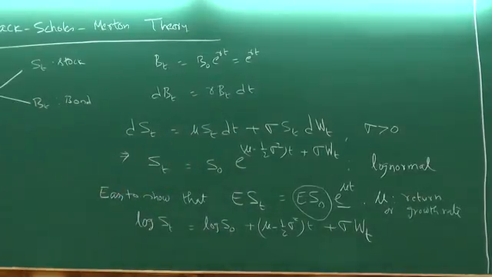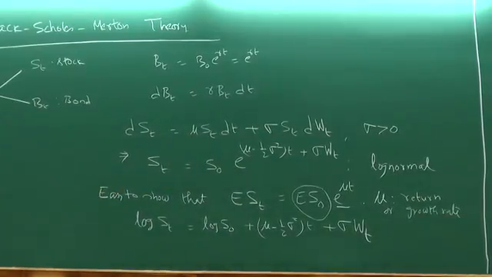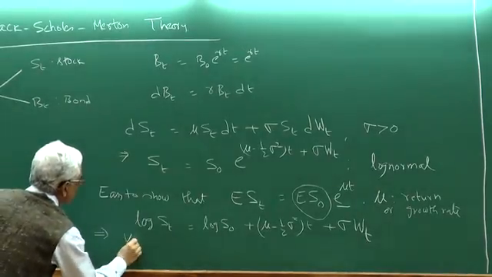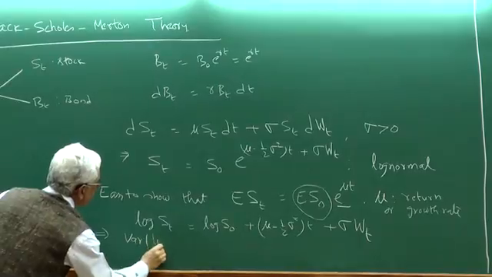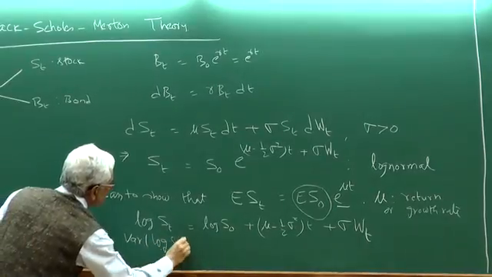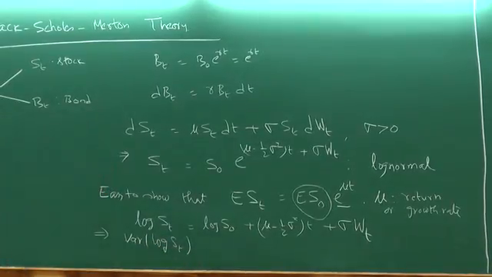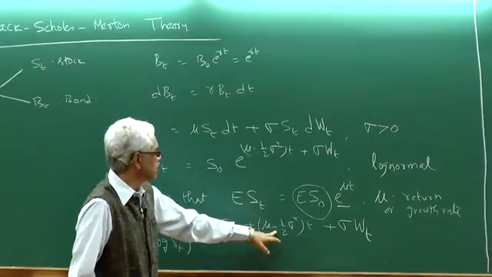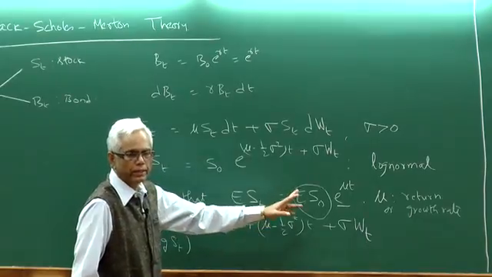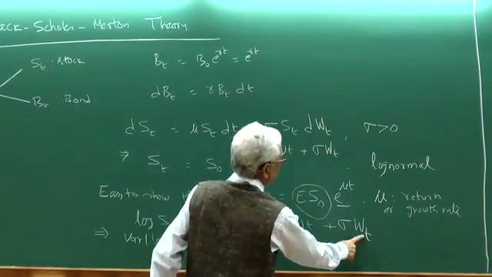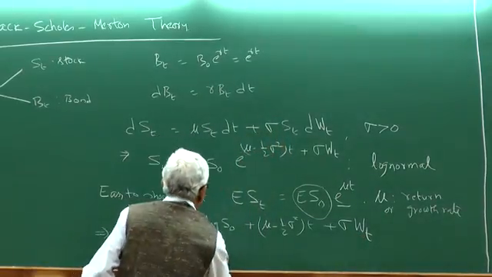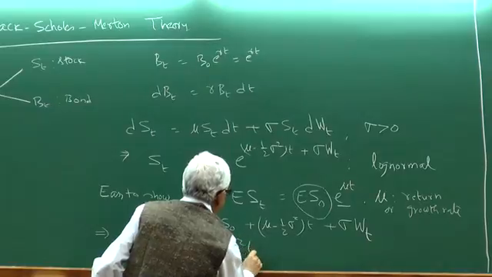Take the variance of log of St. As I said, the first term is a given quantity, so no variance, and you know the variance of Wt is T. So this is sigma square times T.